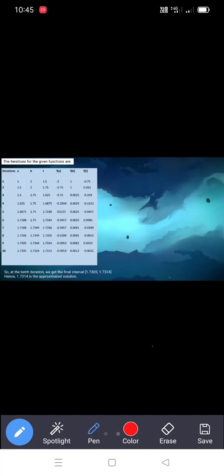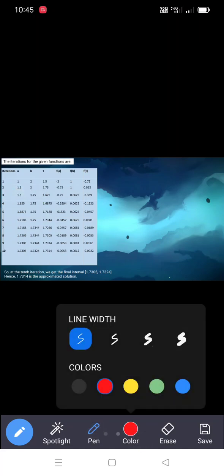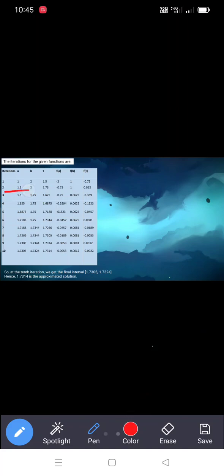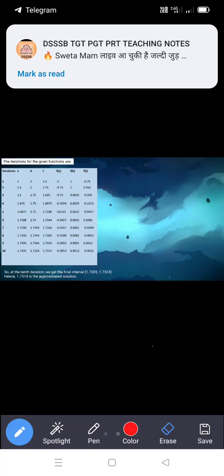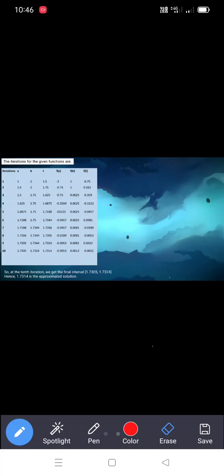So in the next iteration a is equal to 1.5. Then what will b become? In the first iteration f of t's value is negative, so in a's place we put 1.5 and b's value is the same, so b's value is 2.